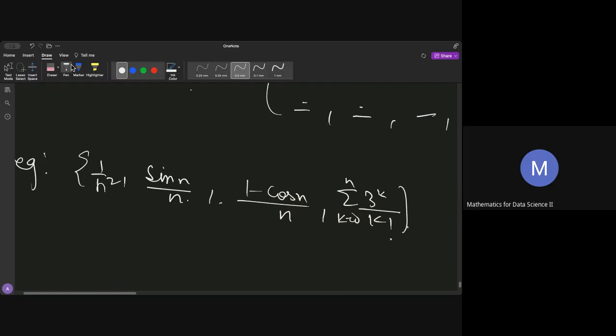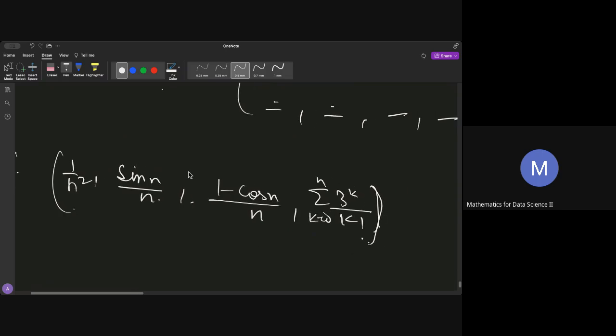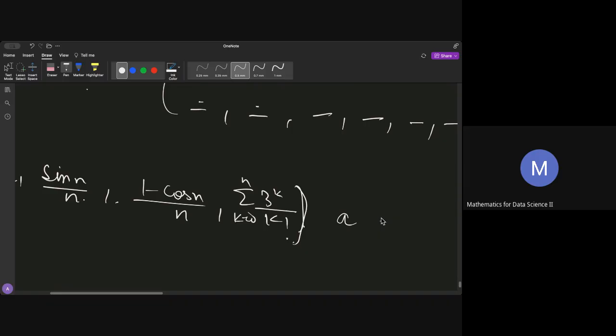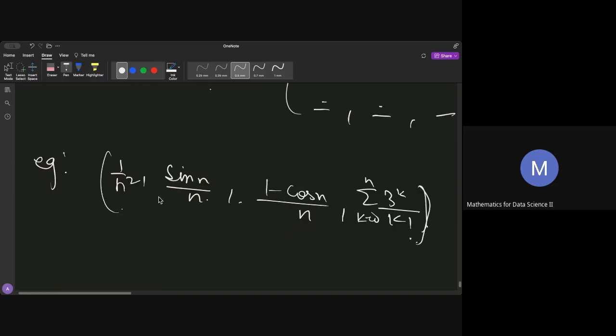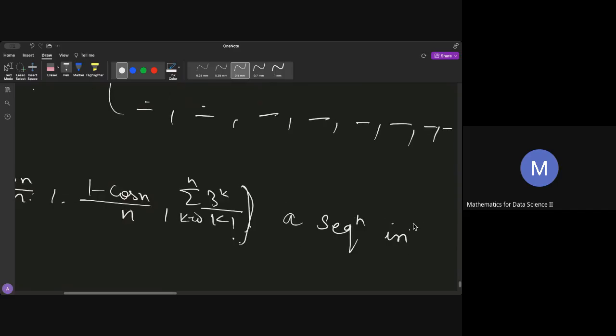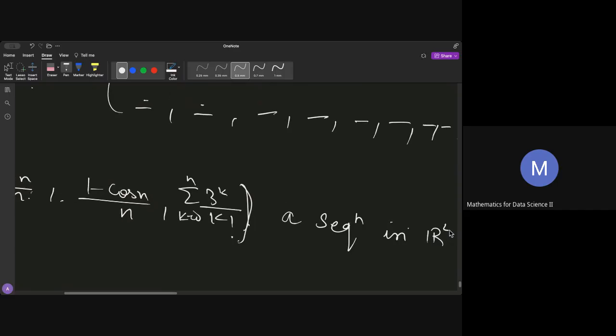This is a sequence, right? It's a sequence in 1, 2, 3, 4. So it's a sequence in R4 again, right?